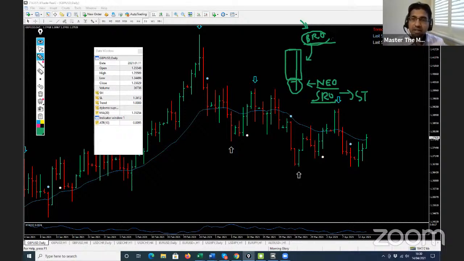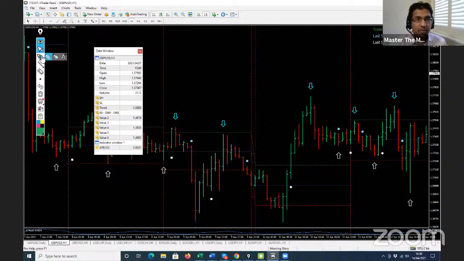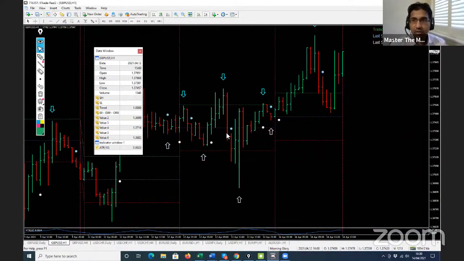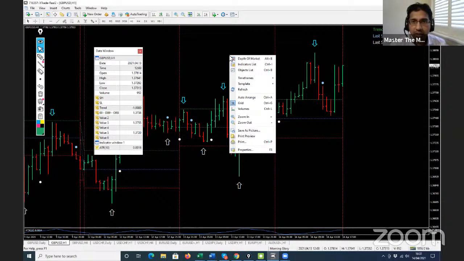Now, the other thing is, how do we decipher when the stretch has been formed? Let's take a look at this. What do I mean by the opposite stretch? One way that we showed you the last time is that if you look at today on this, let me just adjust the time frames a little bit.